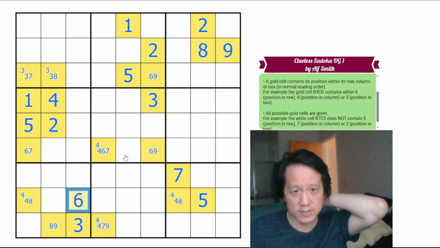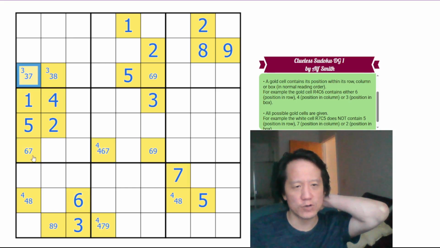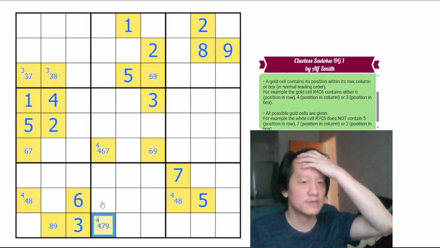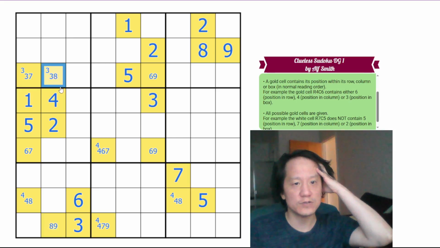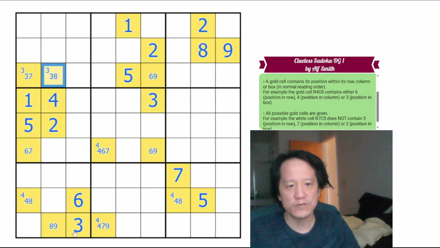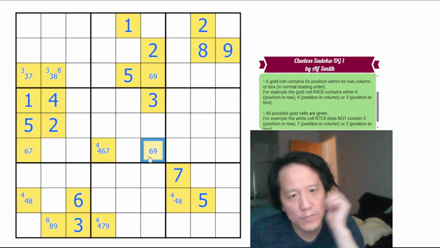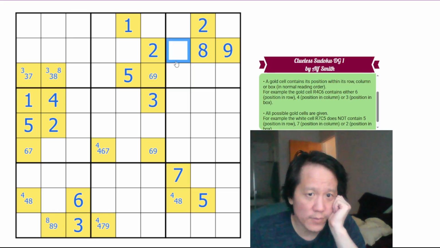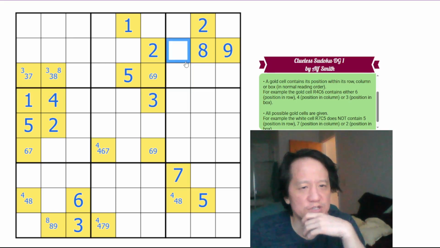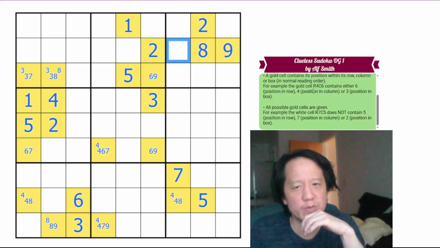Here, this is 6. Actually, we have 4 possibilities for 7. One of these 2 is 8. And we have 9 as one of these 2. Okay. Now we just do normal Sudoku, I guess, but we have to remember the negative constraint.